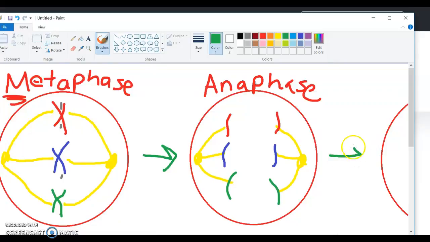And now we're going to move on to our final stage, which is called telophase.